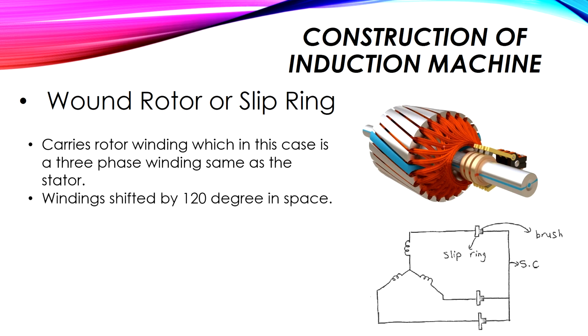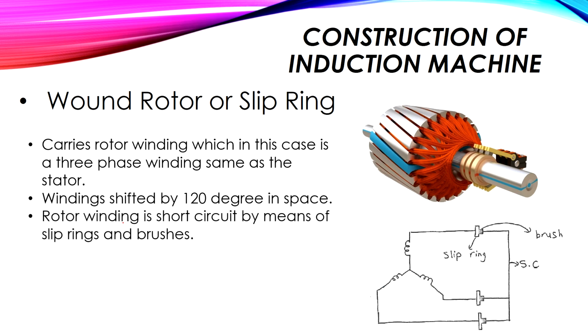Here the winding is also a 3-phase winding in case of the wound rotor or slip ring, and these windings are also shifted by 120 degrees in space. It can of course be star or delta, but in general they use star.